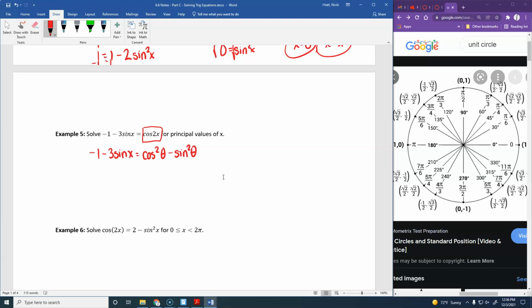Okay, any ideas on what we should do from here? Perfect, because we can't do anything with a sine and a cosine there, and we know we got just a single sine that we can't change.